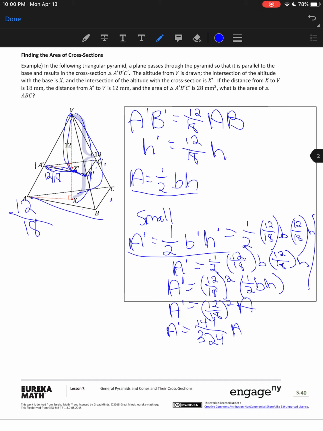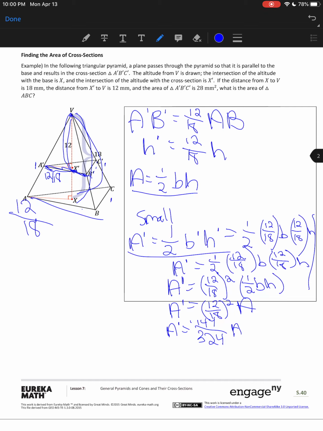So really the smaller one's area is 144 out of 324 times the area of the larger one. It's like 144/324 as big as the larger one.